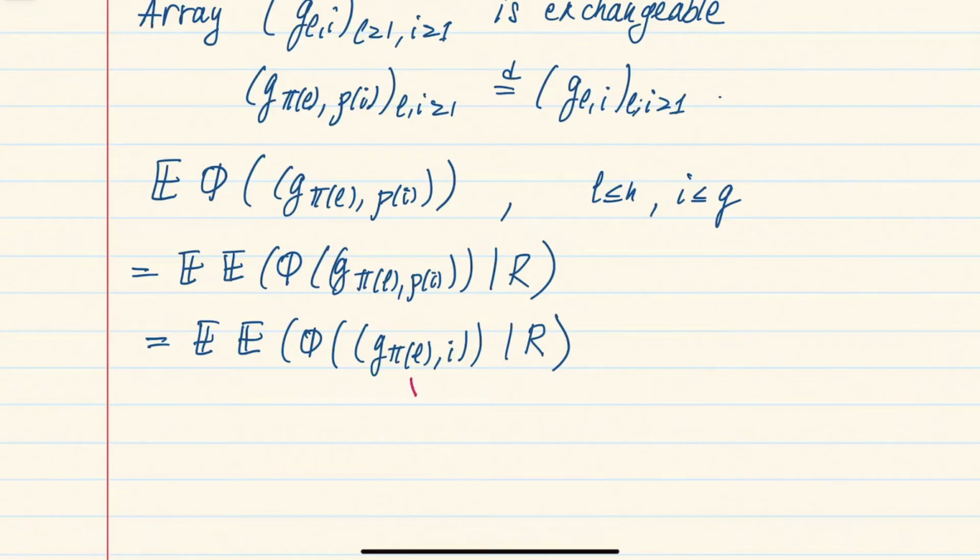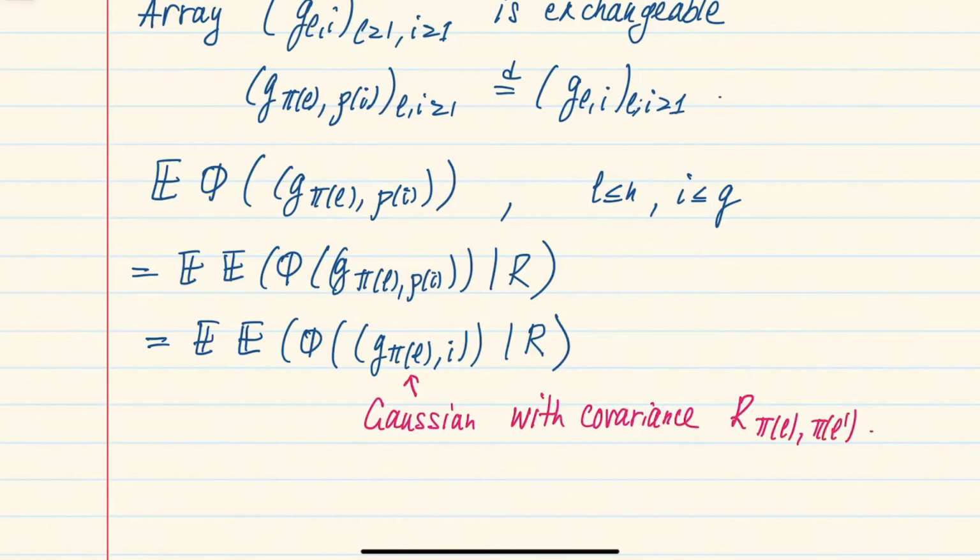And now in this conditional expectation, you just have independent copies of a Gaussian vector with covariance given by our array, just with permuted rows and columns. And because the covariance matrix completely describes the Gaussian distribution, this conditional expectation just depends on the covariance matrix.